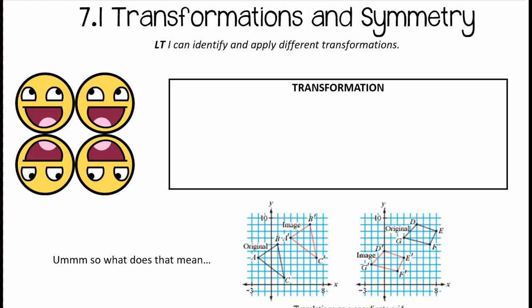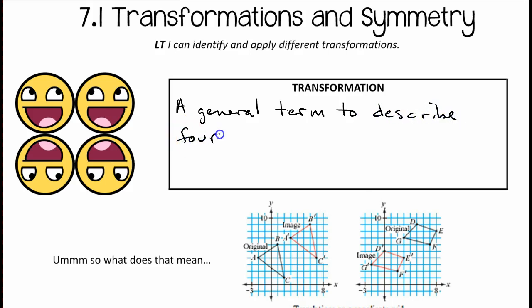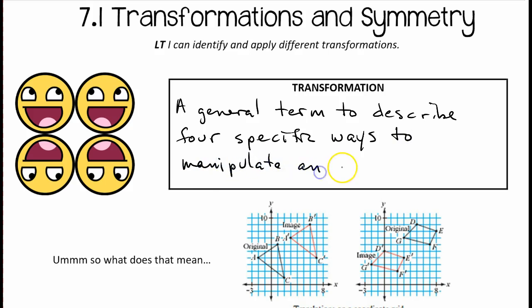All right, so a transformation is a general term to describe four specific ways to manipulate an object.